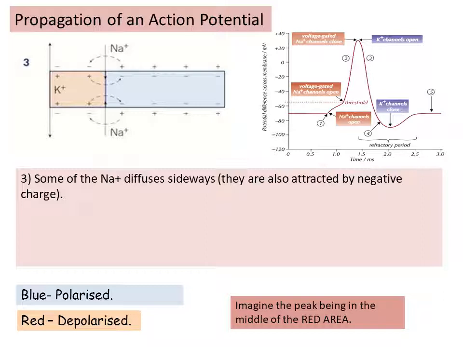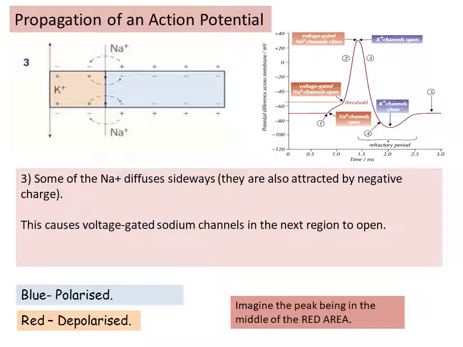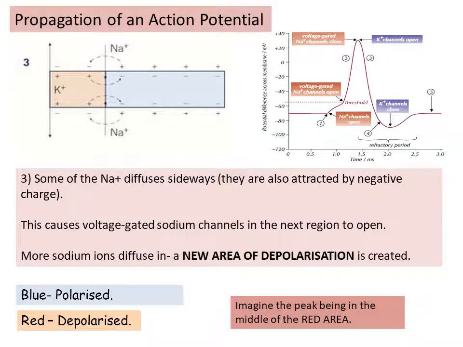This means that charge is effectively circulating in the border region between the blue polarized area and the red depolarized area, and these are referred to as localized currents. They cause the voltage gated sodium channels in the next region to open, which causes an influx of sodium ions, and then we get a new area that is depolarized.